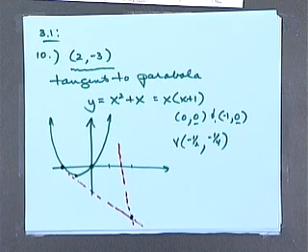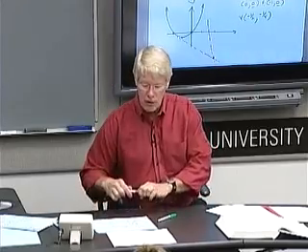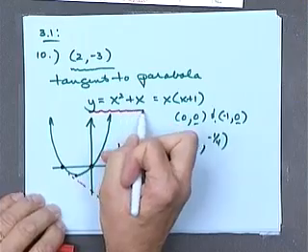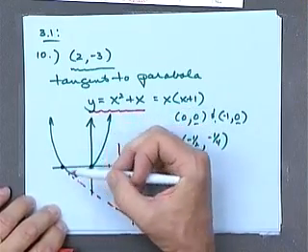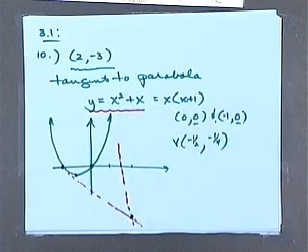What do we not know? We do not know the points of tangency, right? But isn't it true that the points of tangency have to solve this equation? Isn't that the relationship between x and y of every point on this parabola? All right, let's see what we can come up with.